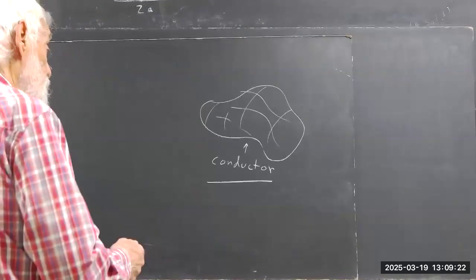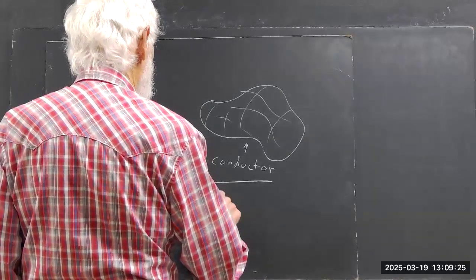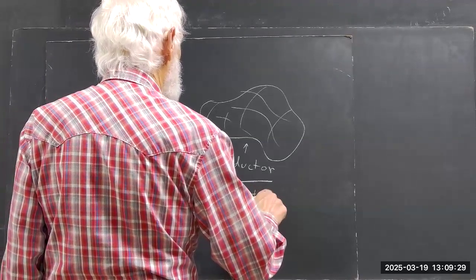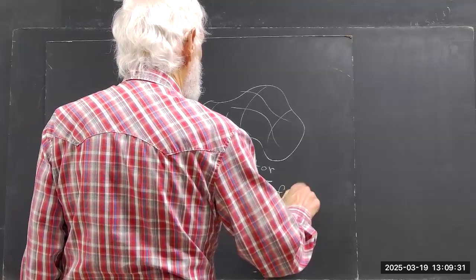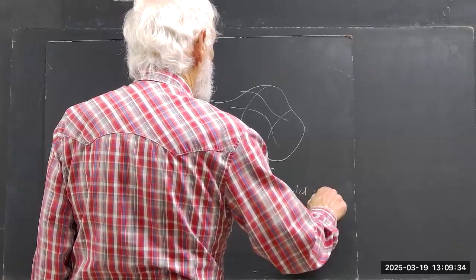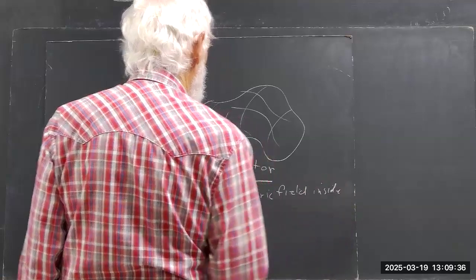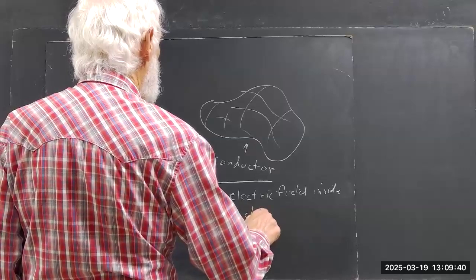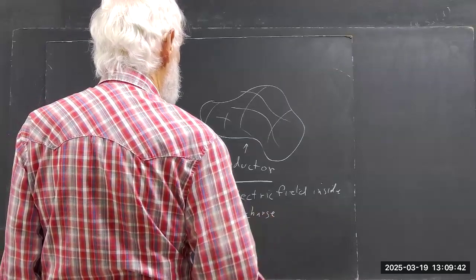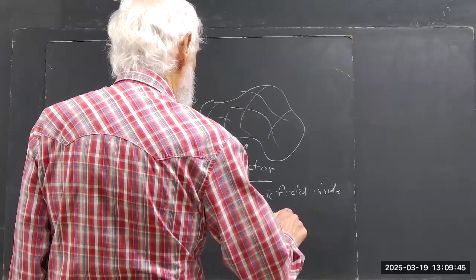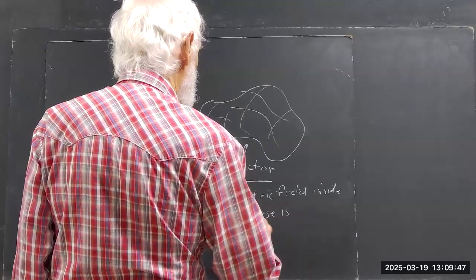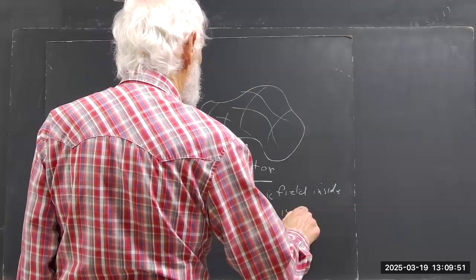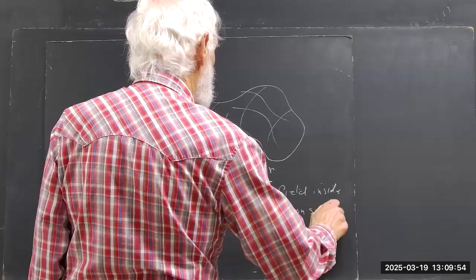Okay? On a conductor, all excess charge is on the surface.